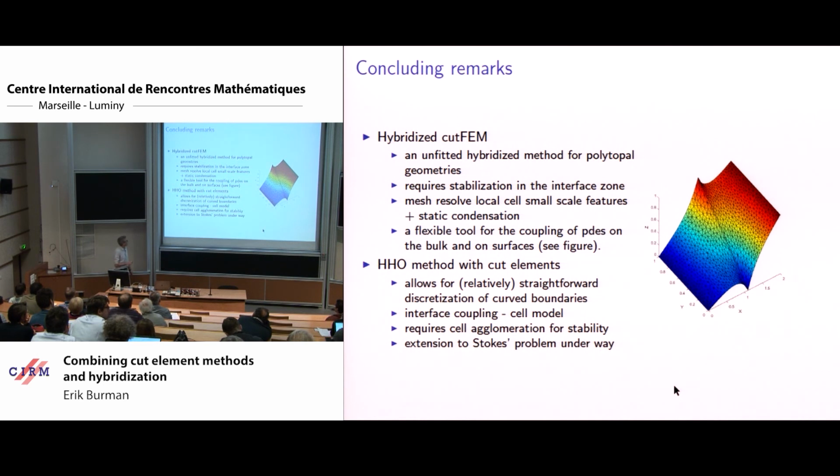So this allows for relatively straightforward discretization of curved boundaries, because if I have a curved boundary, I will just impose the boundary condition without the skeletal unknown, but just using this Nitsche type coupling. I can have interface coupling over interfaces that cut the cell that will then be eliminated through static condensation. So this is in some sense a cell model for interfaces, but it requires cell agglomeration for stability.